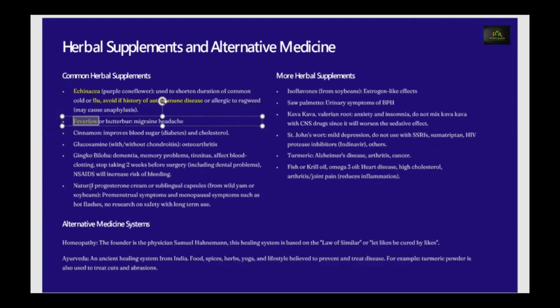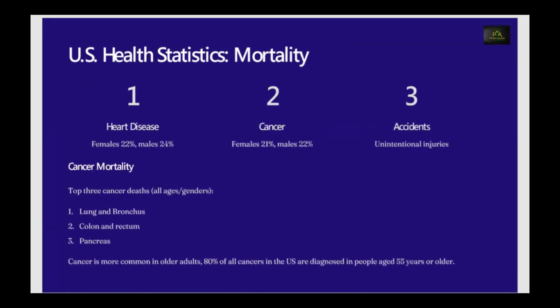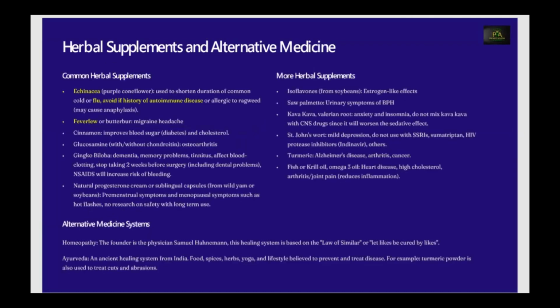Okay, then we have the natural progesterone creams, which is like your soya bean, isoflavone. Then we also have the saw palmetto. Saw palmetto is for BPH.